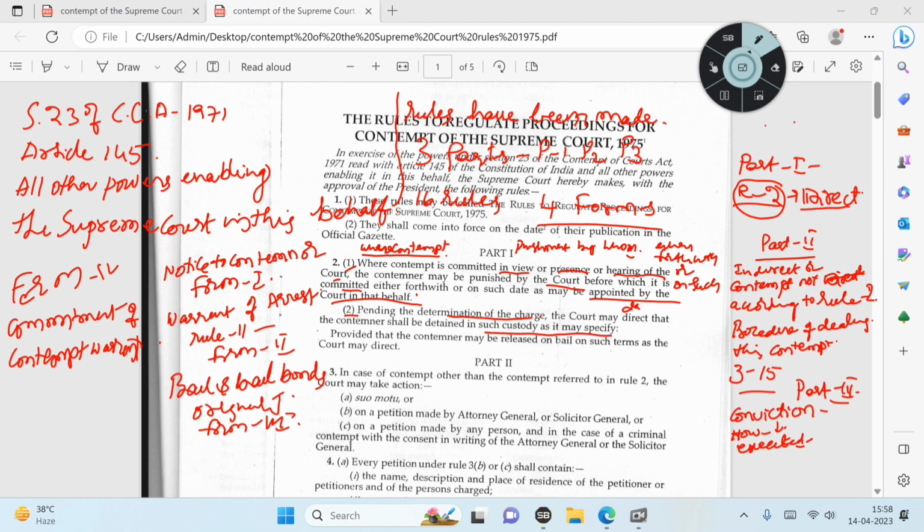Where has to detain? Anywhere, the court has to specify. It also enables the court to grant bail on such terms as the court may direct. So, it enables custody, detention, and bail also. So, that is Rule 2.